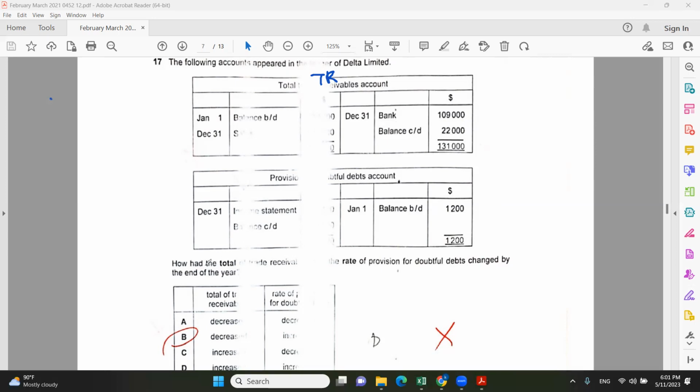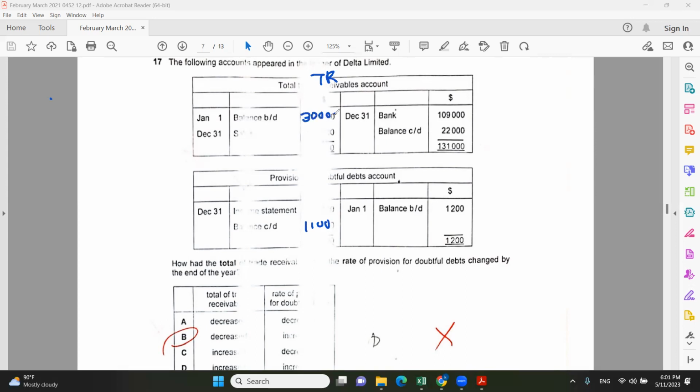How has the total trade receivable rate changed by the end? Can you check your question? What is the number for balance CD? CD is 1,100. And how about balance BD for trade receivable? 30,000.